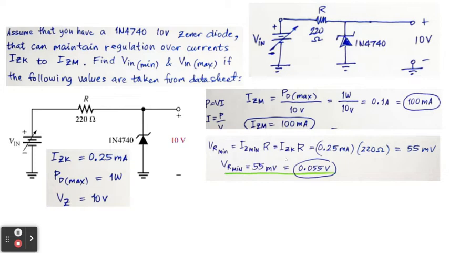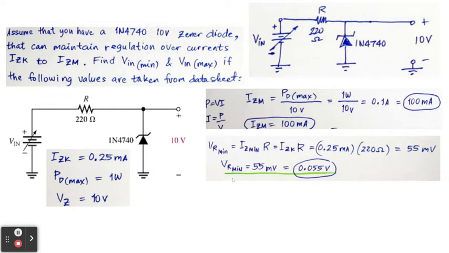So we can put the value 0.25 milliamperes from IZK and multiply it by our 220 ohms R. And we will be getting, of course, millivolts, since milliamperes multiplied by ohms will be millivolts. So we have 55 millivolts here for our VR minimum.